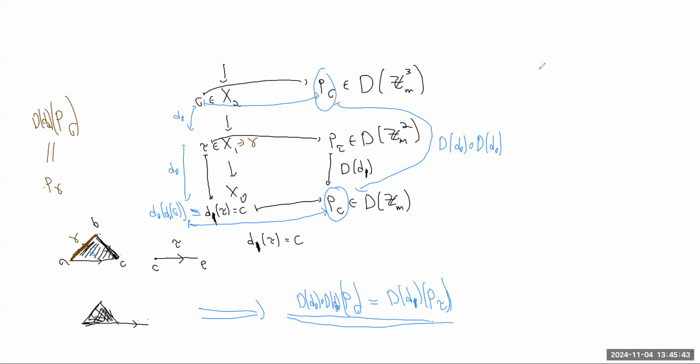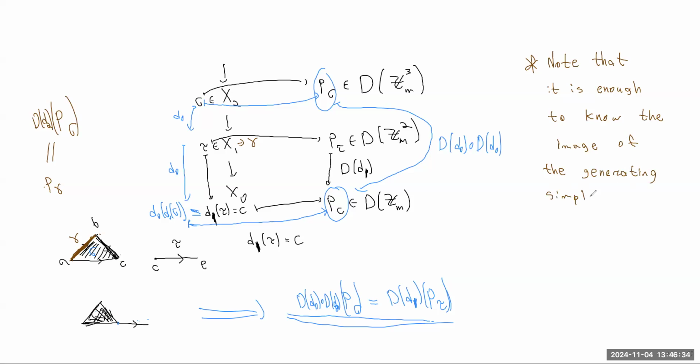So one can note that it's enough to know the image of the generating simplices and how they are glued together to each other. This one is not generating, because it's a face of something else. When we have simplices, there are some of them that are not a face of anything and not a degeneracy of anything. So they are called generating.